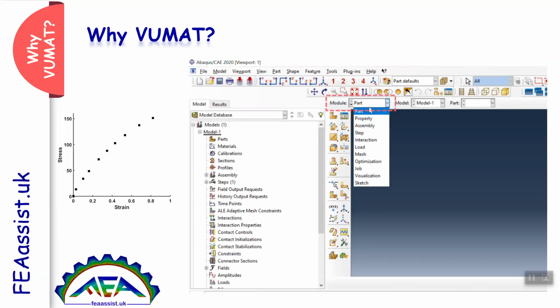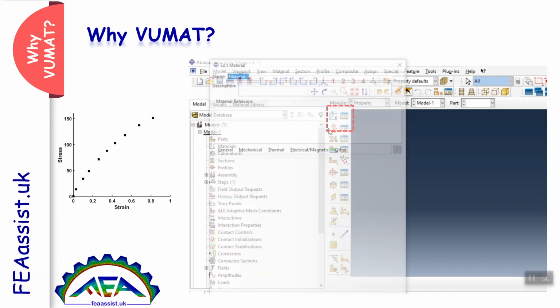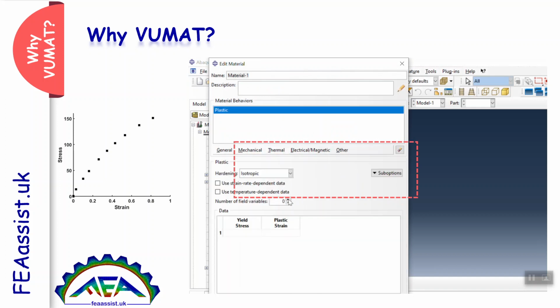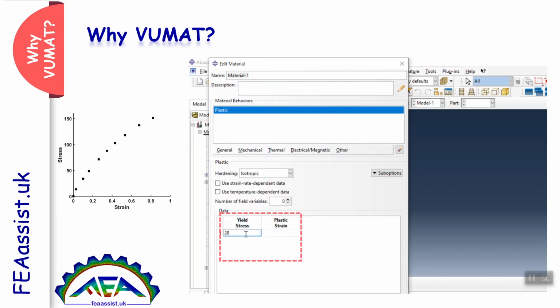Then you can easily go to the Abaqus property, define a new material, go to the plastic behavior and enter those points like this. Abaqus interpolates between these points and predicts the behavior of the material at all points. This is the simplest way, but it is not precise because of interpolation.